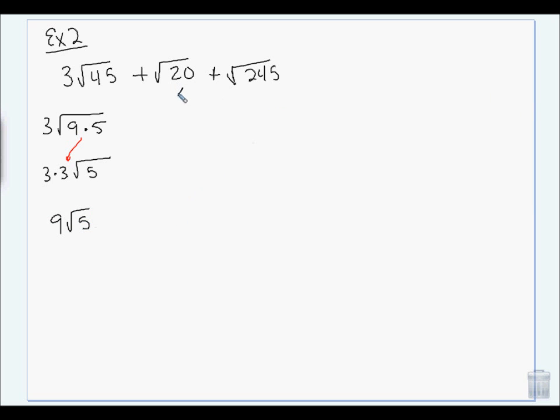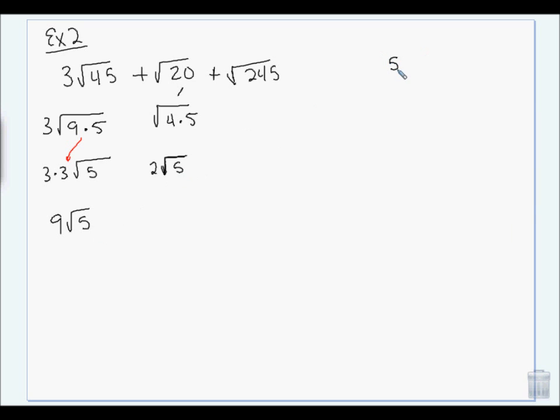5. 20, I know, is 4 times 5, and this is a perfect square. So this is 2 times the square root of 5. Now 245. Right now I've got 5s as my remaining radicand.